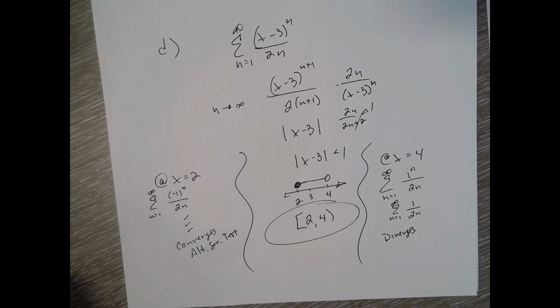So at 2, if x is 2, does it converge? Yes. So if x is 2, does it converge absolutely? So plug 2 in and make it absolute value. Does it converge at 2 absolutely?